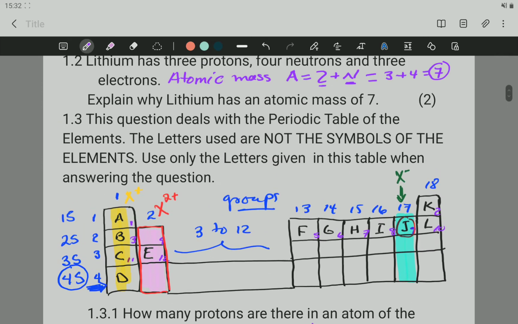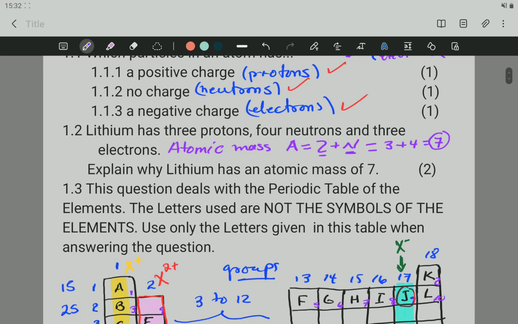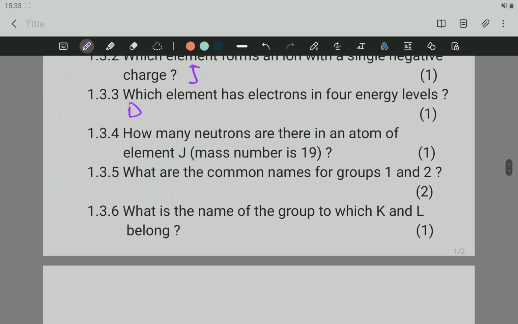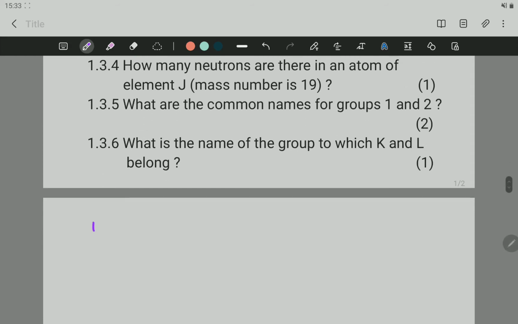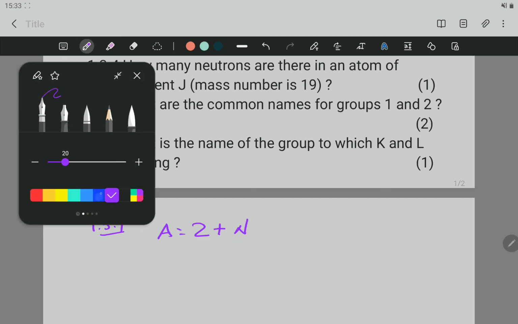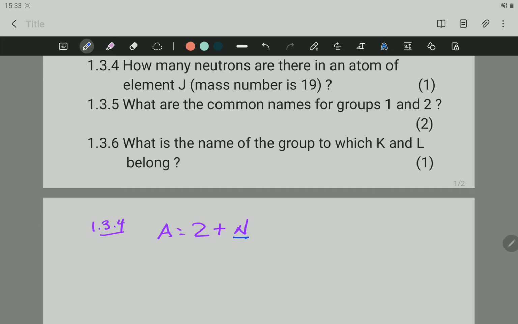Like we did before in the question on mass, let's do it quickly. You have the mass number is equal to atomic number plus number of neutrons. We are looking for the number of neutrons. That's what the question is asking for. Neutrons is equal to A minus Z.